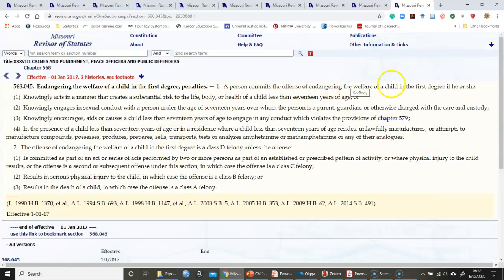A person commits the offense of endangering the welfare of a child in the 1st degree if they knowingly act in a manner that creates a substantial risk to the life, body, or health of a person less than 17 years of age. You can read through that, but less than 17 is what it is for us right now, and that may change. It may change to less than 18 in 2021.